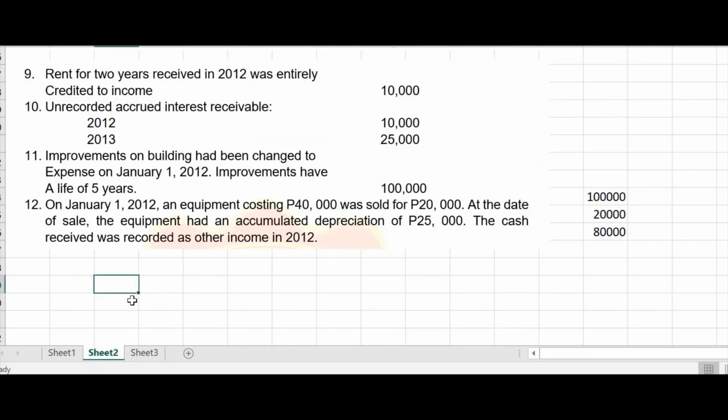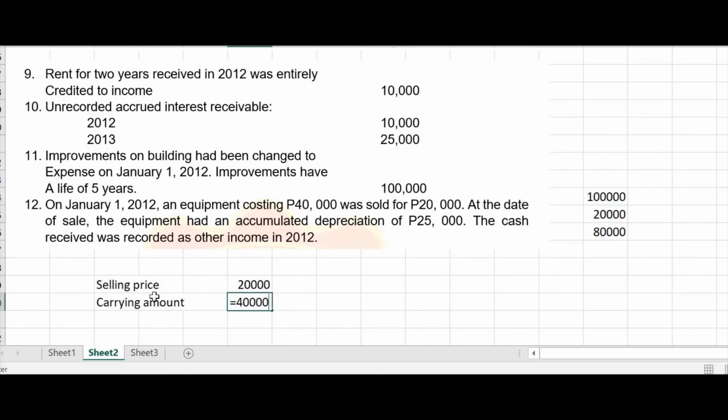Okay, so let's have number 12. So on January 1, 2012, an equipment costing 40,000 was sold for 20,000. Okay, so at that date of sale, the equipment had an accumulated depreciation of 25,000, and the cash received was recorded as other income in 2012. Okay, so the selling price of the equipment was 20,000. It was sold for 20,000, but the carrying amount, so yung cost niya less accumulated depreciation.